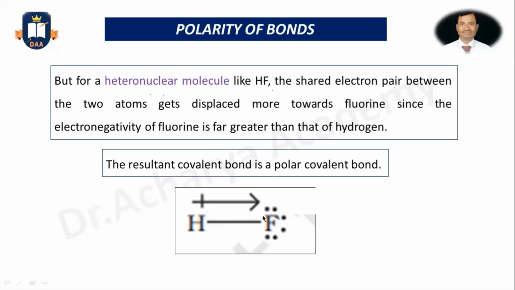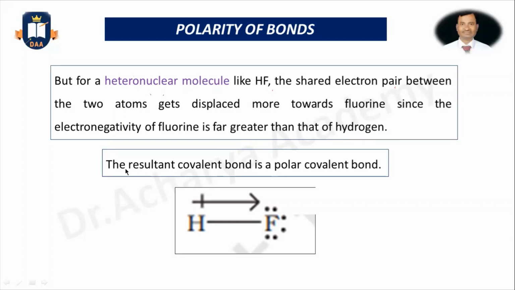Why? Because fluorine atom is more electronegative than hydrogen. So this electron pair, which represents this bond, will move a little bit towards the fluorine atom.